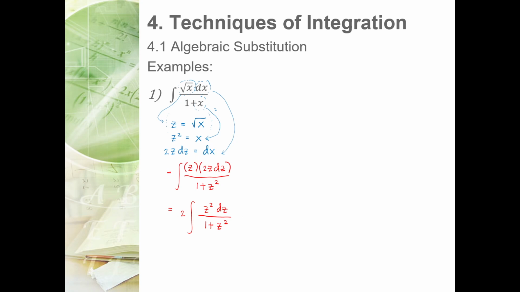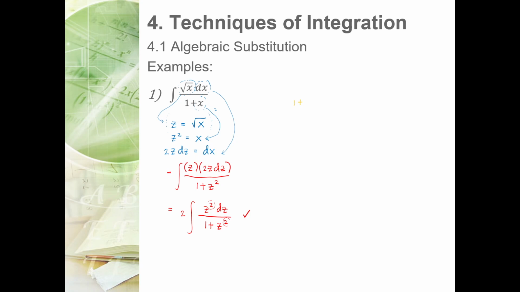So how are you going to deal with this now? Notice that the exponent of the numerator, the degree of the numerator, is the same as the denominator. So we can use long division to simplify this further. So let's try another color so you can see the separate solution for this one.